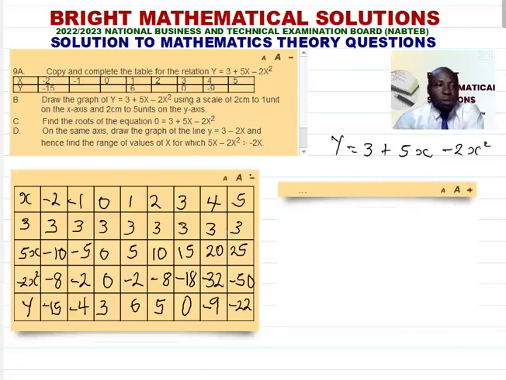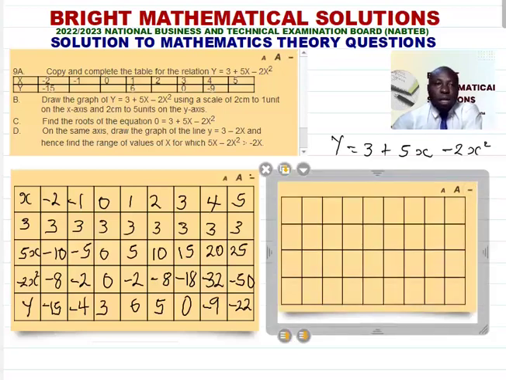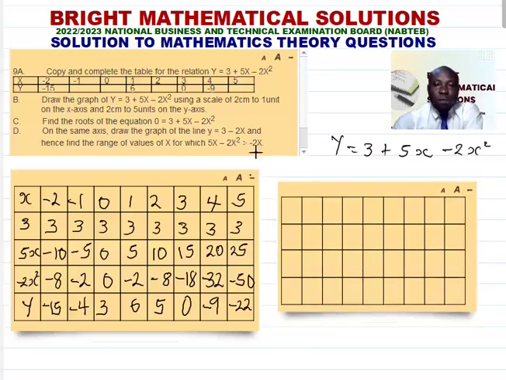Since we are given two equations, a quadratic equation and a linear equation, let us get the values of y for this equation as well, so that we can then go to our graph and solve once and for all.